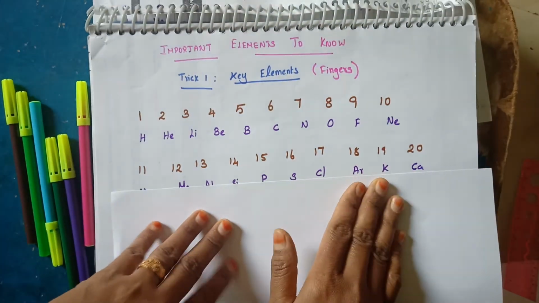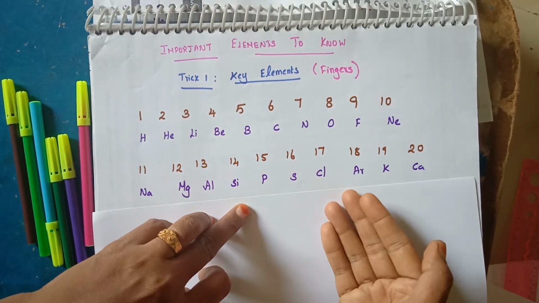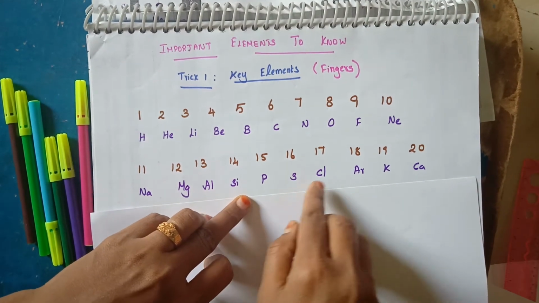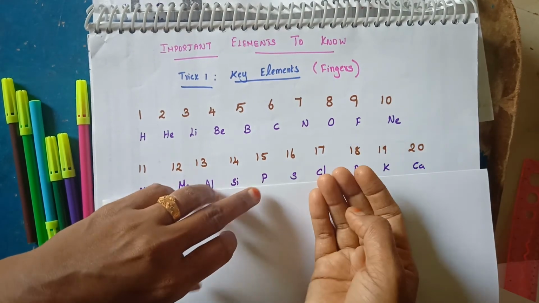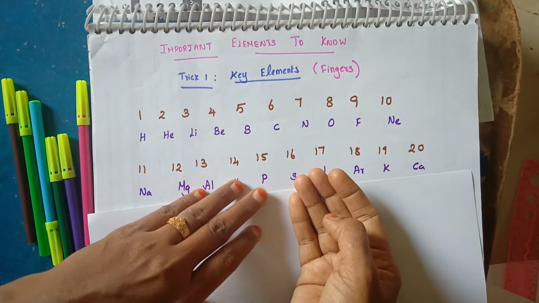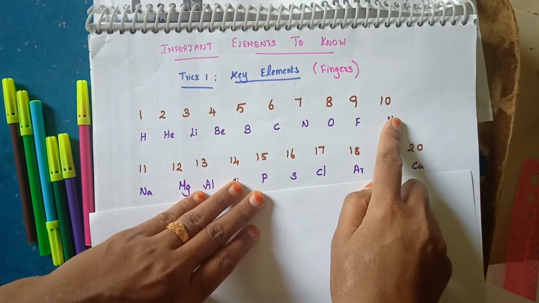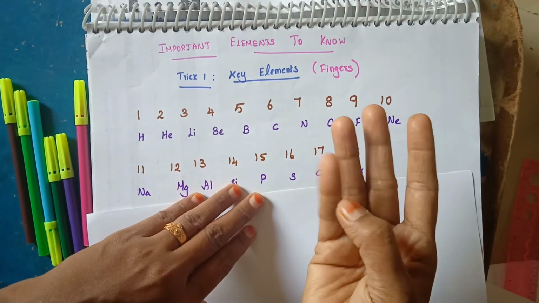We have already studied that the atomic number is the same as the serial number. So if you are thinking about chlorine, what is its atomic number, student? See, we already know elements 1 to 10: the first element starts with hydrogen and ends with neon. The 11th element starts from sodium.